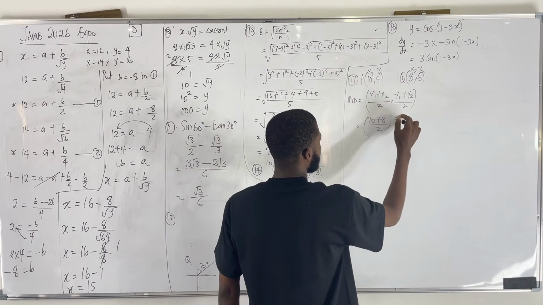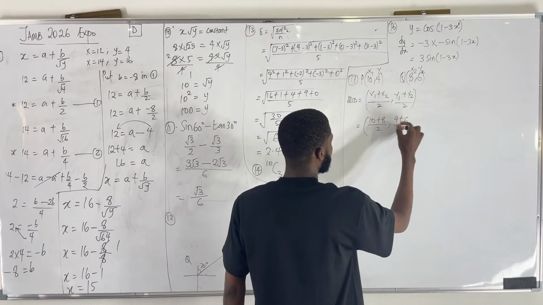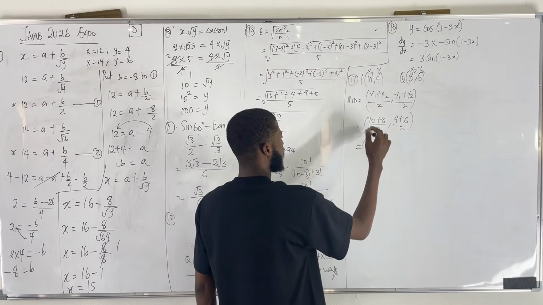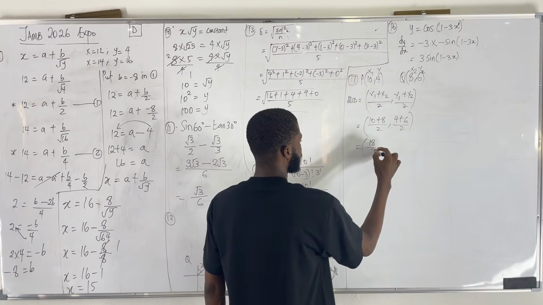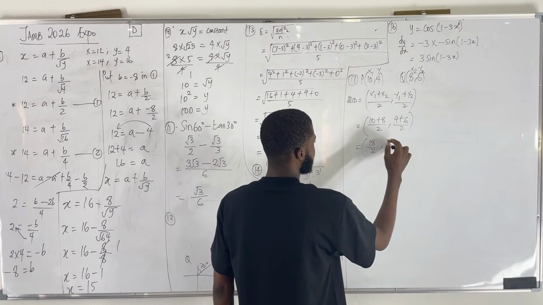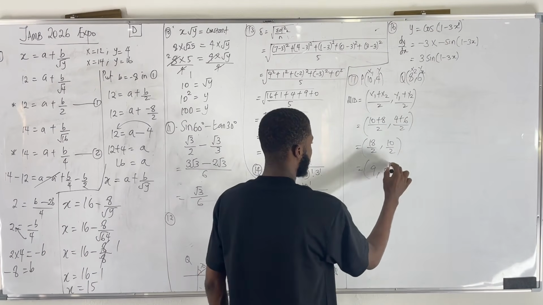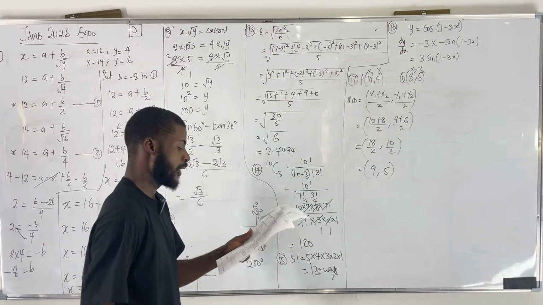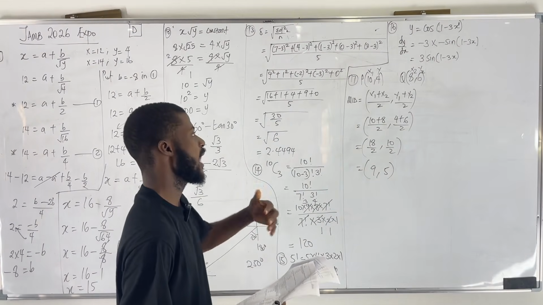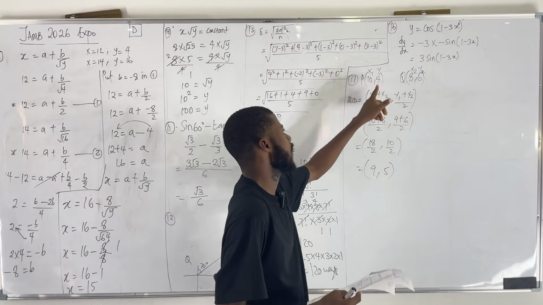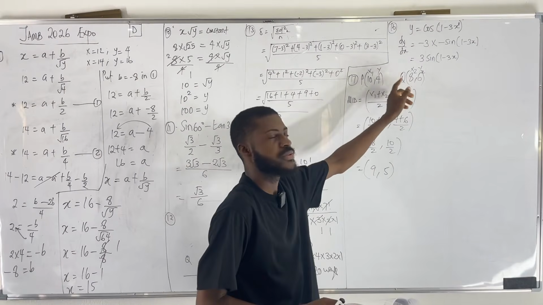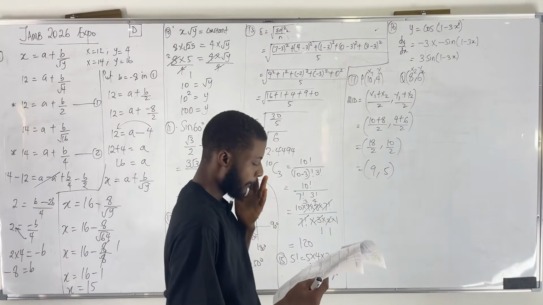Then y1 is 4 plus y2 is 6 over 2. Now 10 plus 8 is 18 over 2. 4 plus 6 is 10 over 2. So this will give us (9, 5). So that will be the answer to the equation. It only needs you to tell us where that bisector passes. To bisect, we are dividing these two parts into equals, so it will be at the middle.